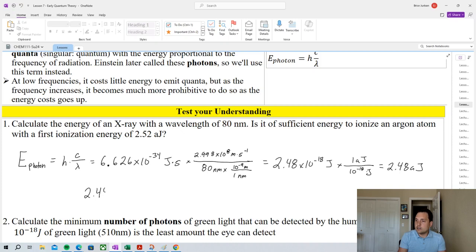And this energy is less than the requirement of 2.52 attojoules. So this X-ray source isn't quite enough energy to ionize argon. It's close, but not quite enough.